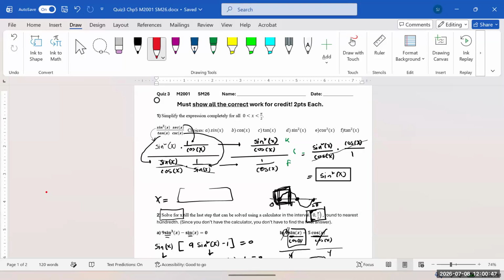Any question? Go ahead. Definitely one simplifying and one equation. So sometimes they give one equation, sometimes they give two equations, but definitely two. You may see more than two, but definitely not less than two.